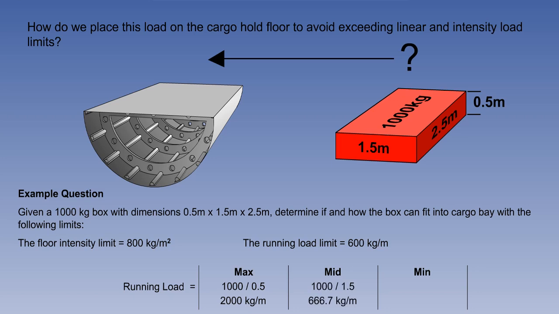The middle running load is found by dividing the mass, 1000 kilograms, by the mid-length, 1.5 meters, which gives us 666.7 kilograms per meter. The third option, the minimum running load, is calculated by dividing the mass, 1000 kilograms, by the longest length, 2.5 meters, which gives us 400 kilograms per meter.